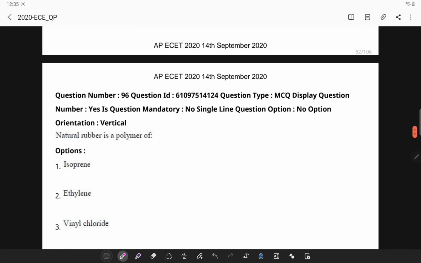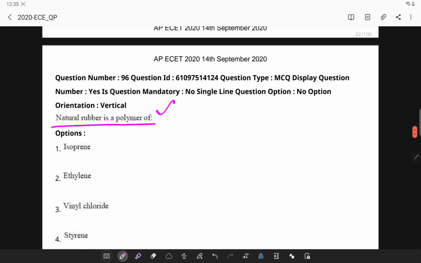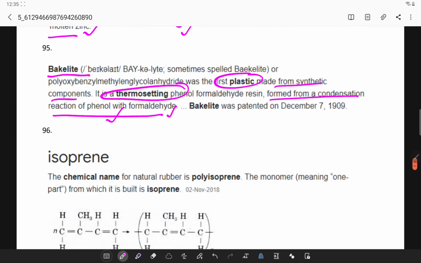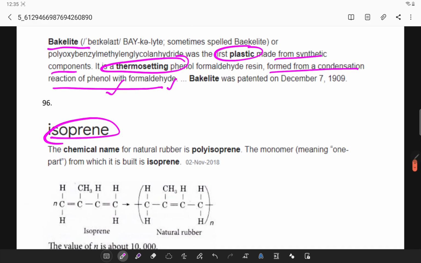Next, so what exactly is a natural rubber? Natural rubber is an isoprene. It's not ethylene or vinyl chloride or styrene. So isoprene, and the chemical name of natural rubber is polyisoprene.